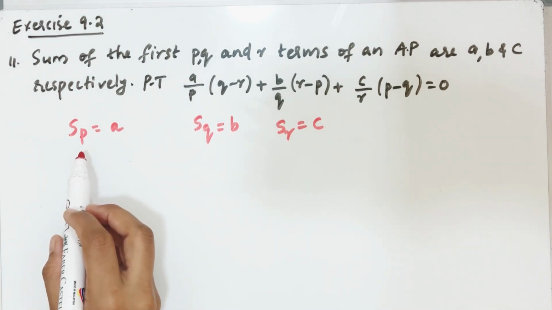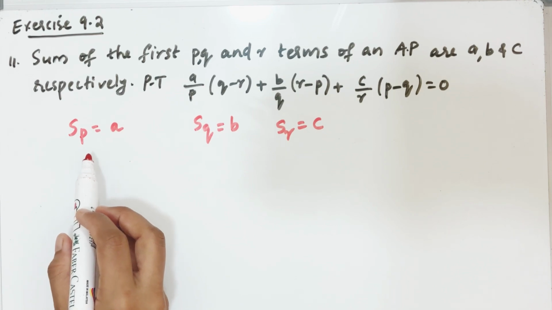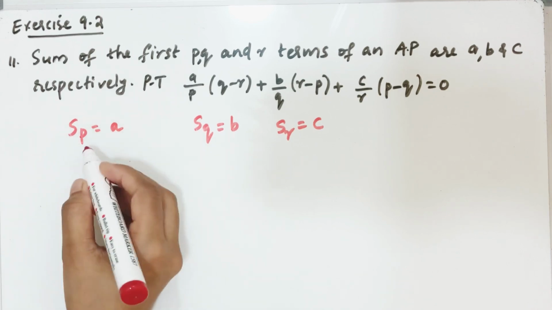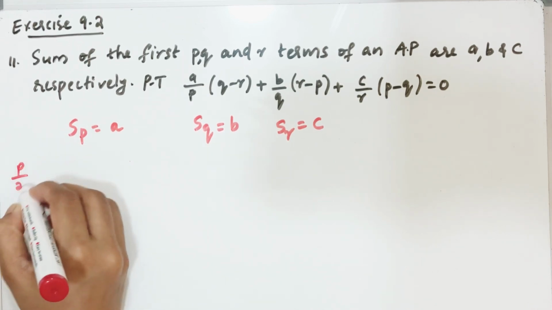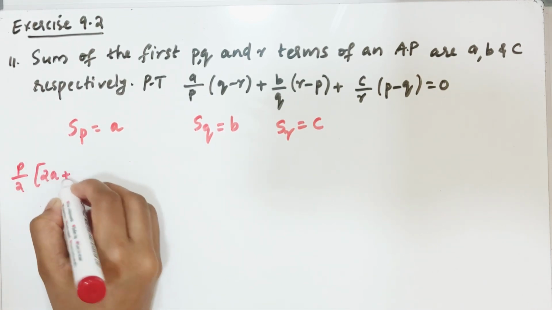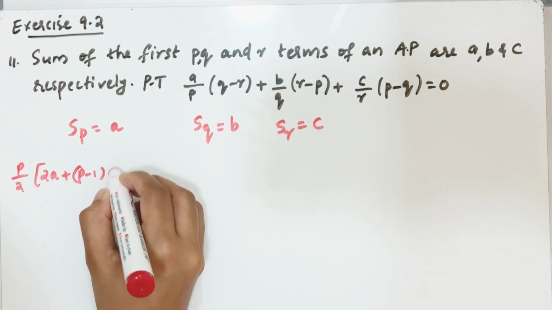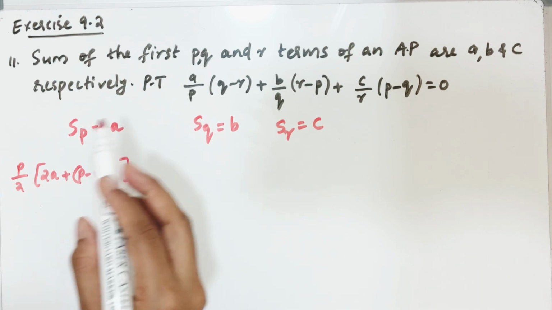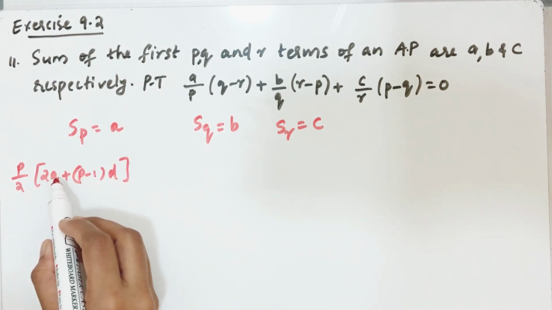What is SP? Sum to P terms. Sum to N terms Sn is N by 2 into 2A plus N minus 1 into D. Therefore, SP is P by 2 into 2A plus P minus 1 into D. Here A is a given value. Therefore, we can substitute some other value for the first term.